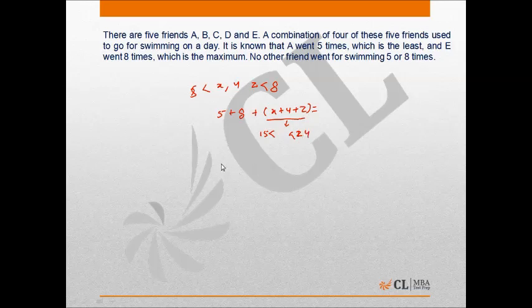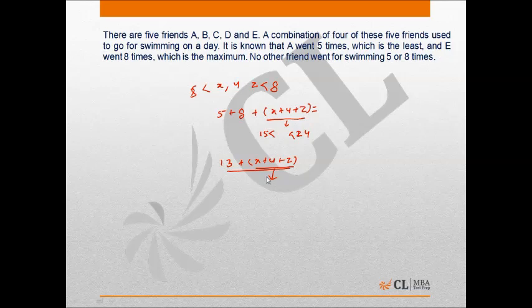It means 13 plus x plus y plus z has to be a multiple of 4, with x plus y plus z being more than 15 and less than 24.